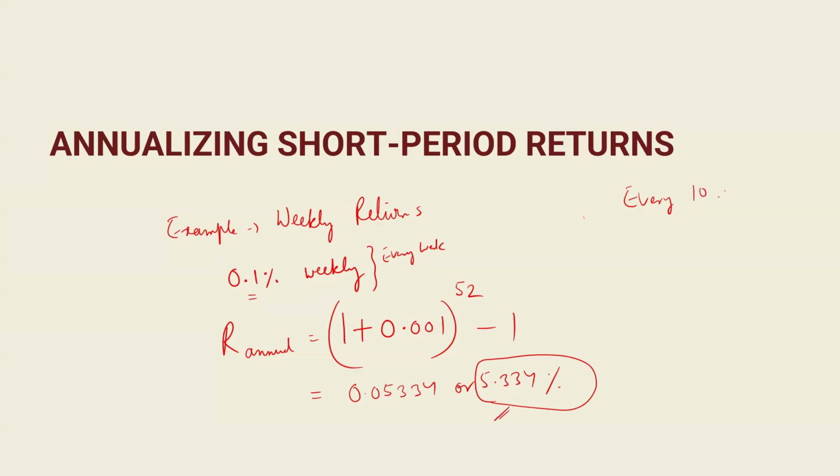Similarly, if the return for every 10 days is, let's say, 0.1% only, what will be our annual in this case? The general idea is that again, we raise it to the power of 365 divided by 10, minus 1.